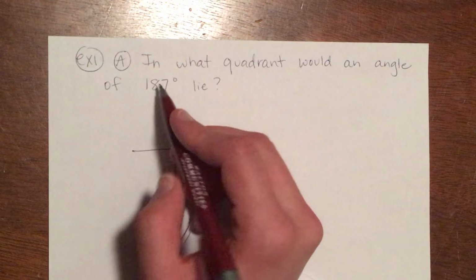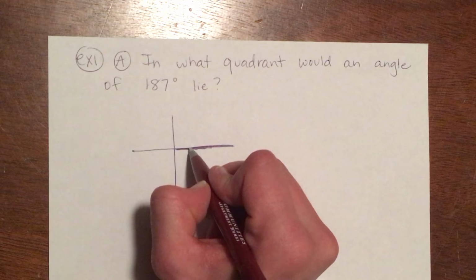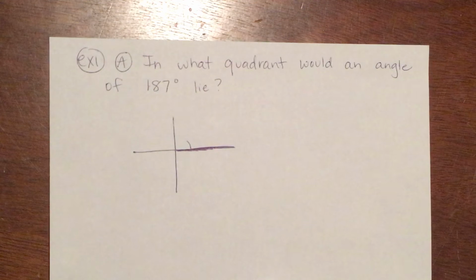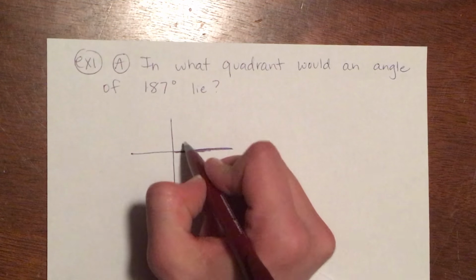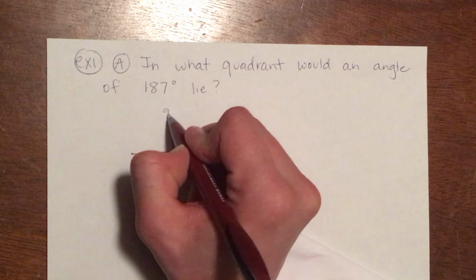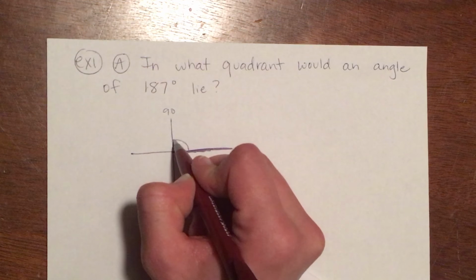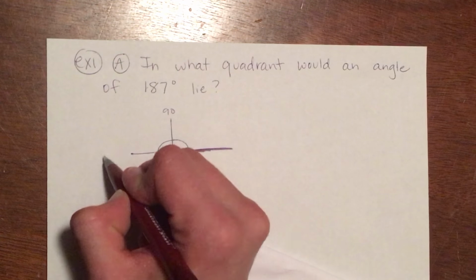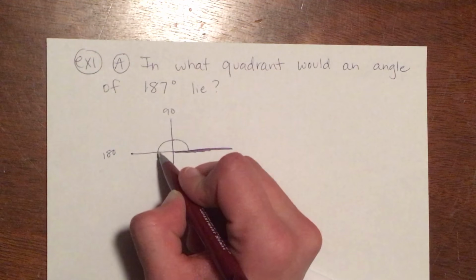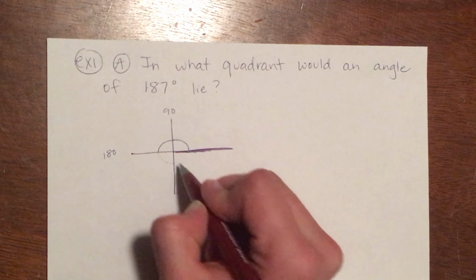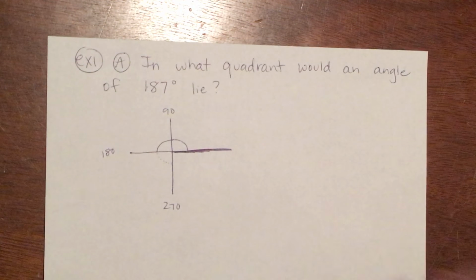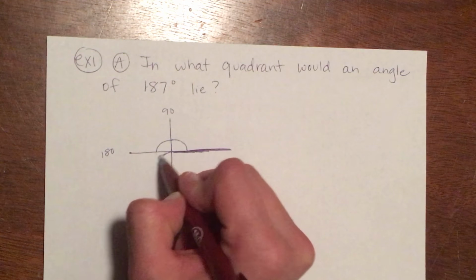I am opening, this is a positive number, so that means I'm going to open up to get to my 187. If I open straight up here, remember this is 90 degrees, so I need to keep going. If I open all the way back here, this is 180. And if I open all the way down to here, that's 270. So 187 is between 180 and 270, so it's going to be somewhere like this.